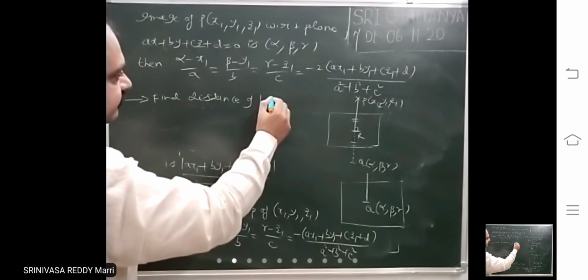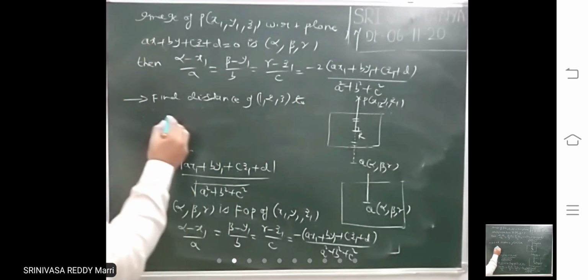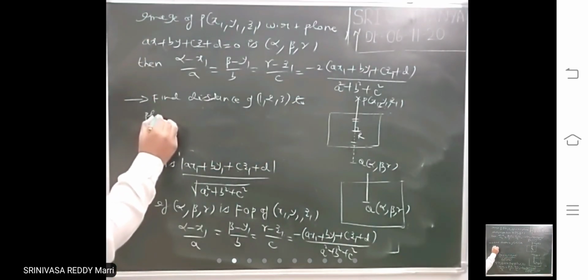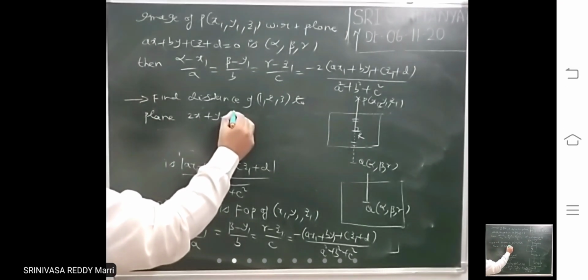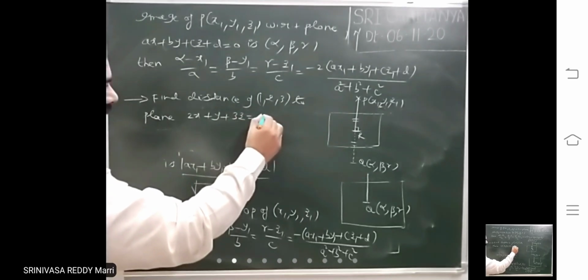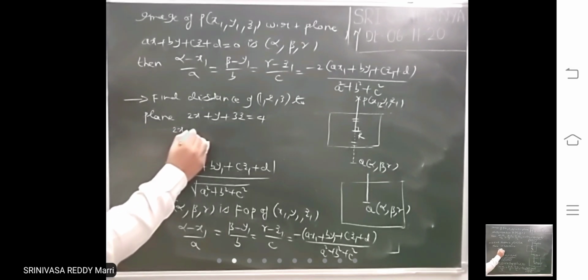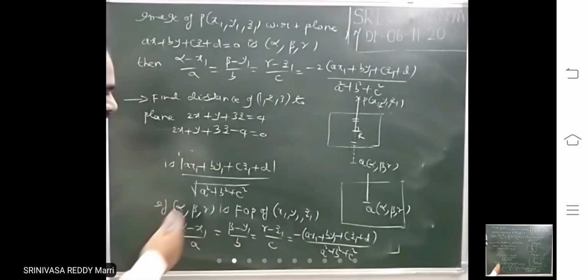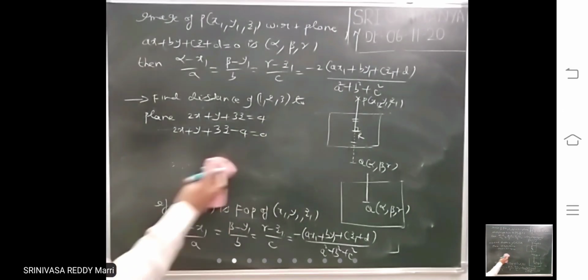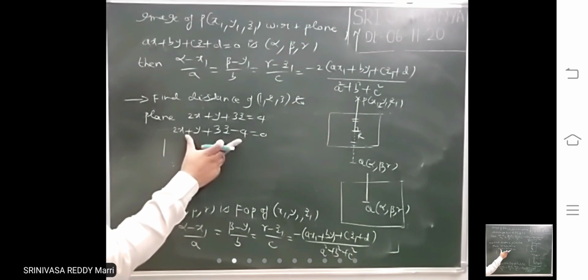Find the distance of the point (1, 2, 3) to the plane 2x plus 3y plus 3z minus 4 equal to 0. This is the perpendicular distance. What is the formula? Modulus of ax1 plus by1 plus cz1 plus d.